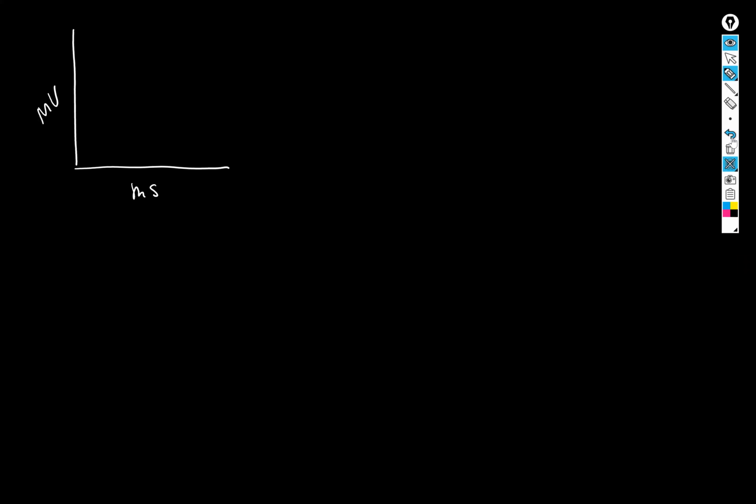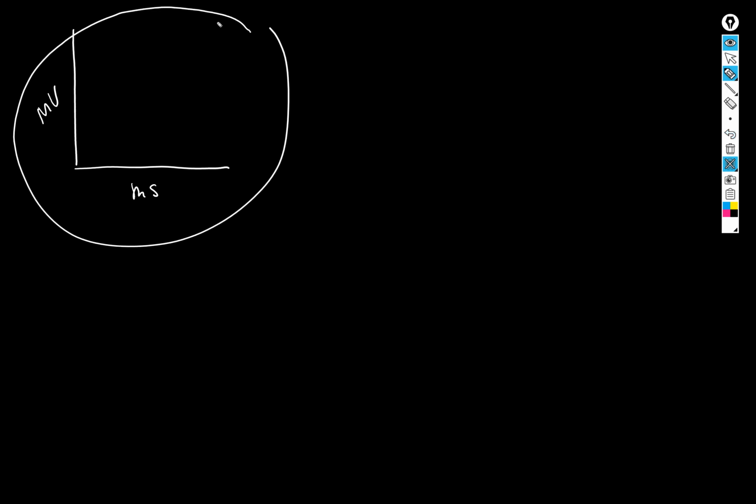Your book never mentions how these graphs are generated. So you know 0 is somewhere here, this is positive 30 millivolts, and then we've got negative 90, negative 70, and negative 60 is usually threshold-ish.